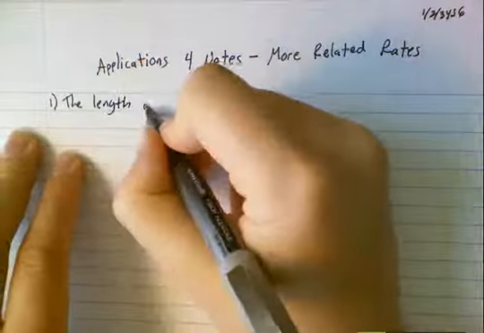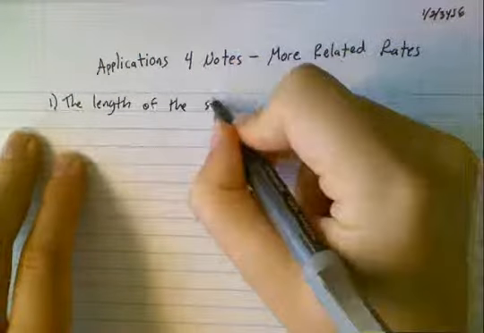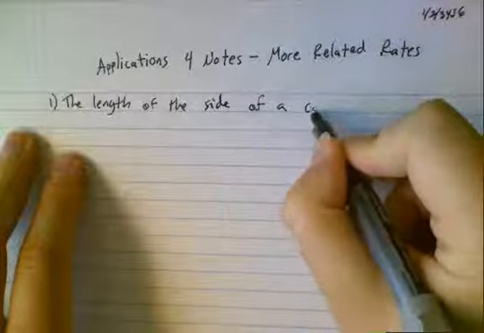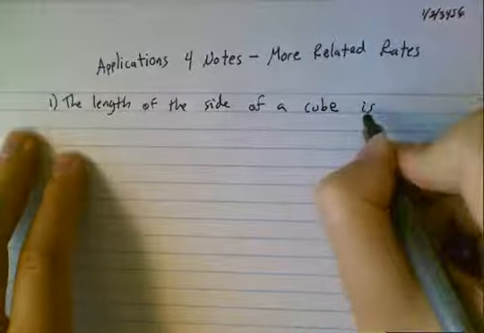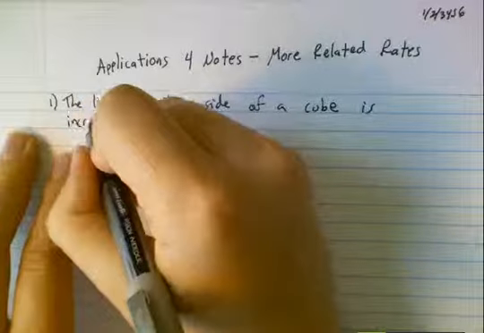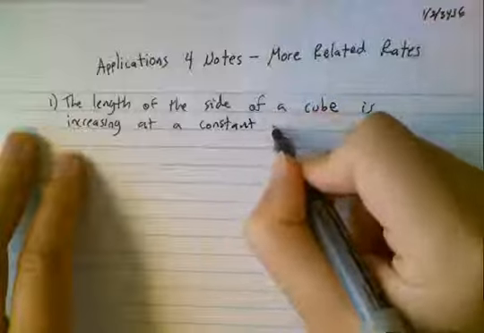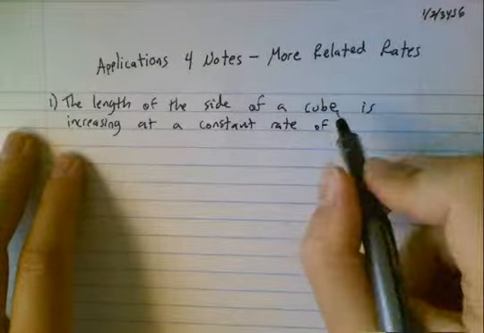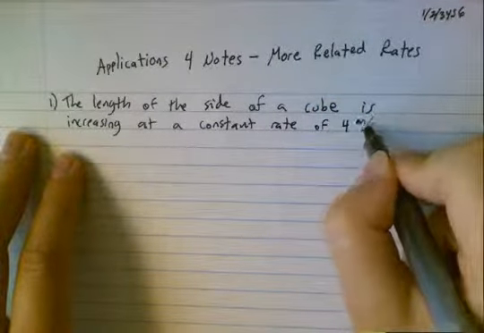The length of the side of a cube is increasing at a rate of 4 meters per second.